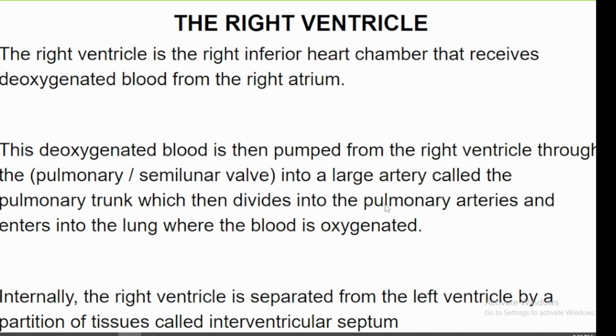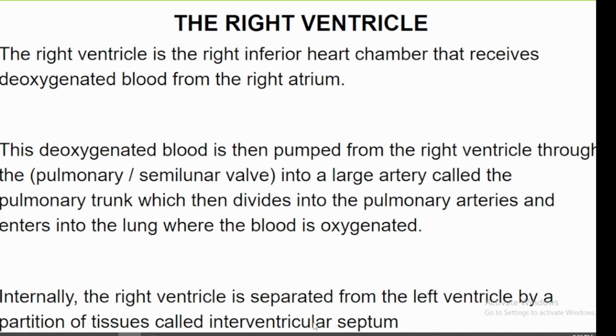Once again, we met something here: all arteries carry oxygenated blood except the pulmonary artery. So the pulmonary arteries here are actually carrying deoxygenated blood to the lung for it to be oxygenated.